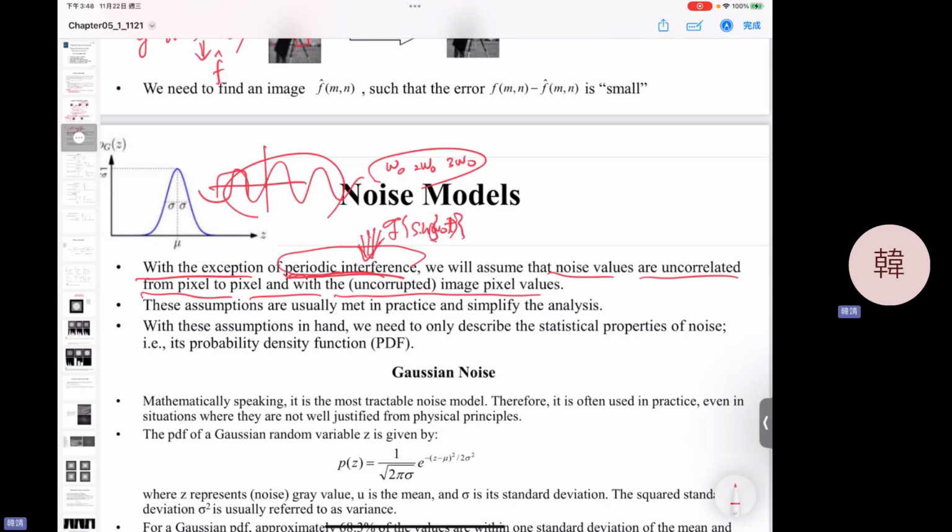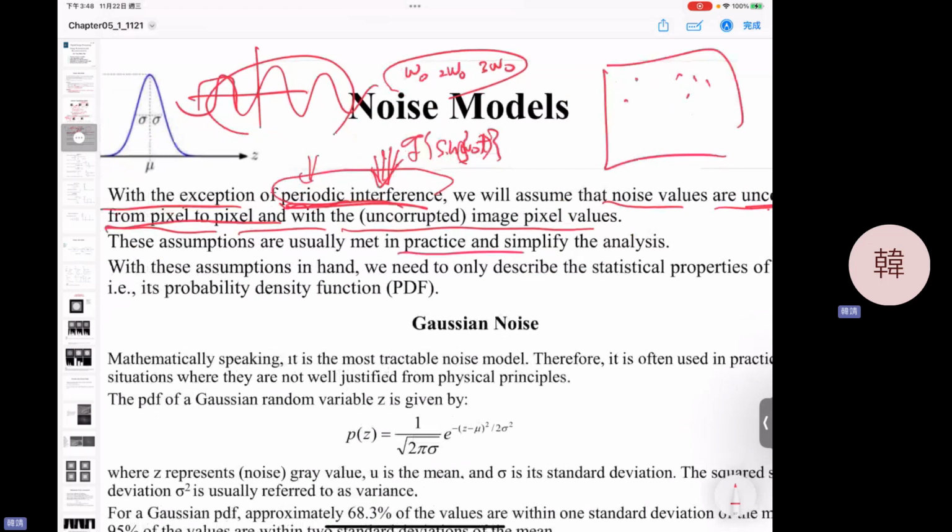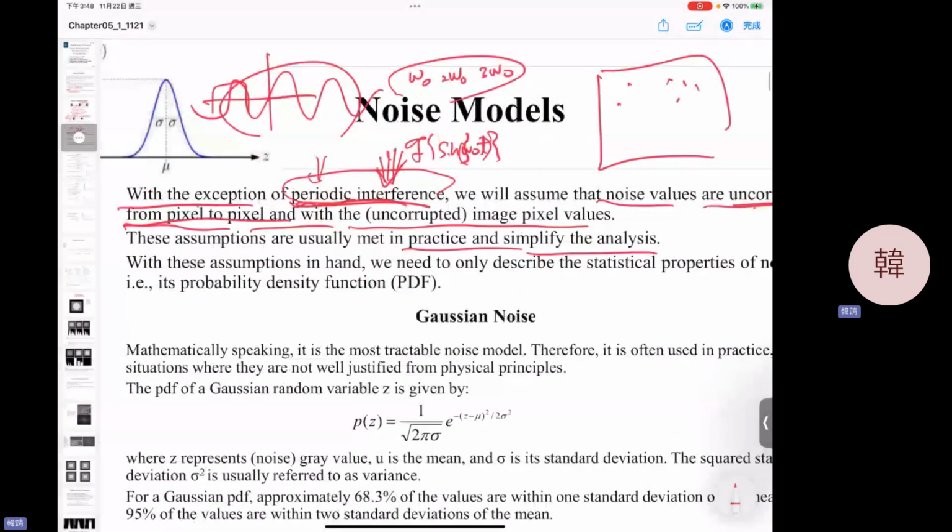But if it is not periodic, we assume it's uncorrelated from pixel to pixel. That's the first assumption, usually made in practice to simplify analysis. Your noise is not periodic, so it is uncorrelated to your pixel location.